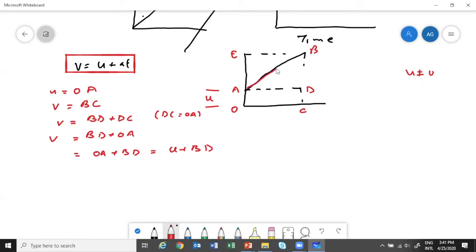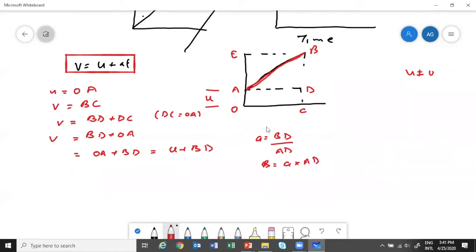This is the slope. So this slope is BD divided by AD. So acceleration is BD divided by AD. So BD is A into AD, right?